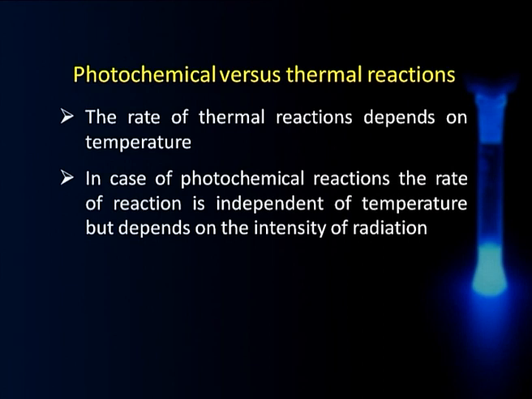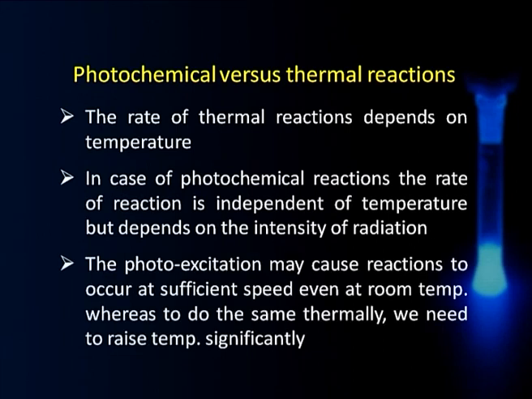So, in this case, it is not the temperature which is important, it is the intensity of radiation which is important. Now, we will see later on how that affects the rate of reaction. Further, photoexcitation may cause reactions to occur at sufficient speed even at room temperature. That is very, very important again. Suppose a reaction is possible photochemically as well as thermally. Then photochemically that reaction probably can be done at room temperature, because the temperature is not going to matter there.